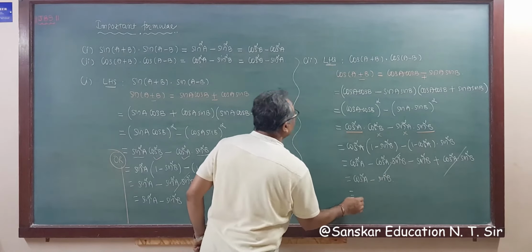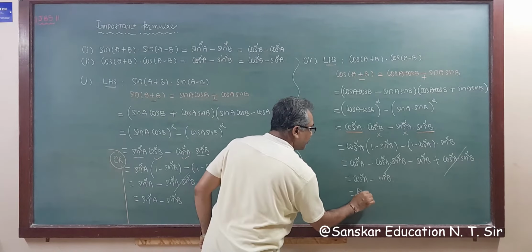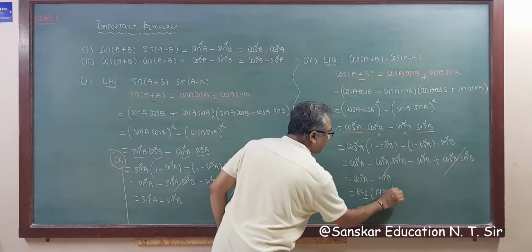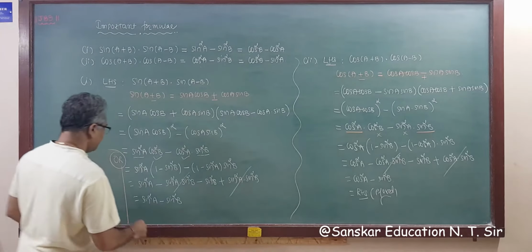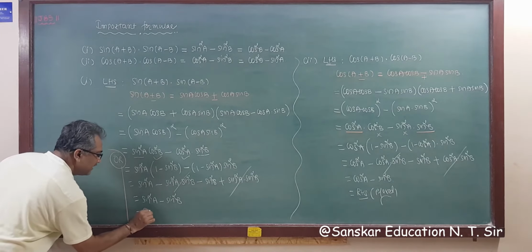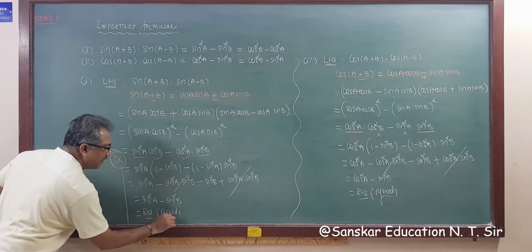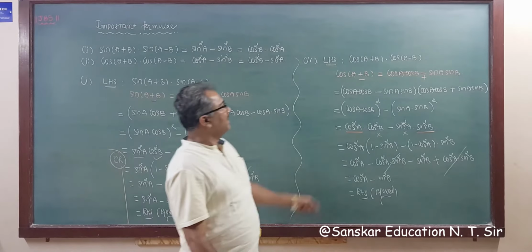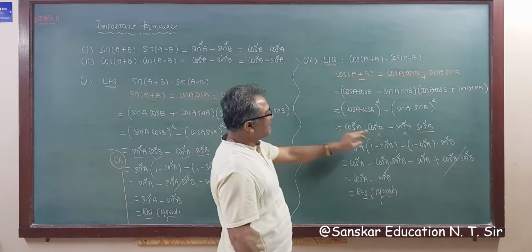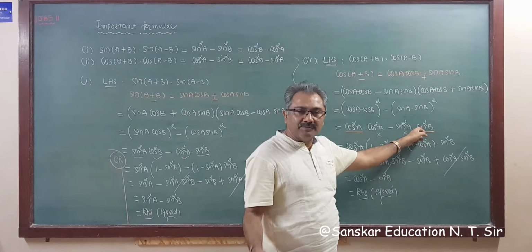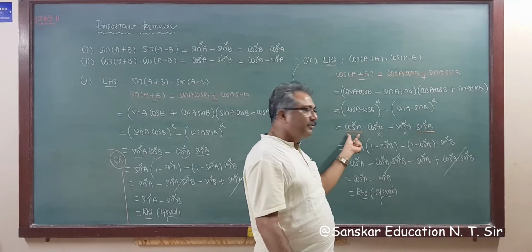So this is your right hand side, that what you want to prove, that is proved, right? And here also, this is your first right hand side that you want to prove, that is proved. Now for the second, you require cos square B minus sin square A, means this cross term you require and this underlined term you don't require. So what you have to do?